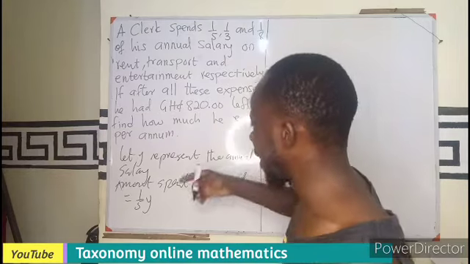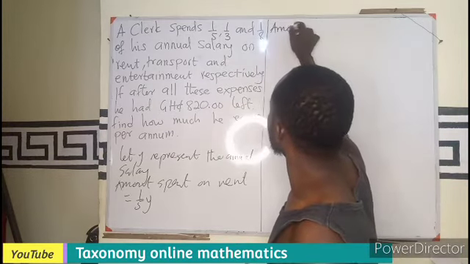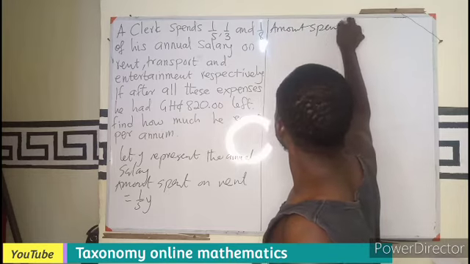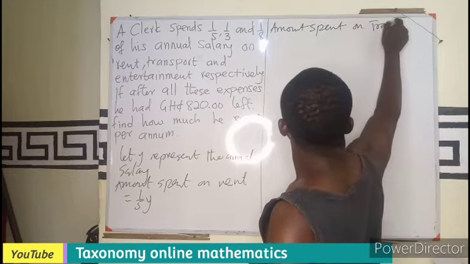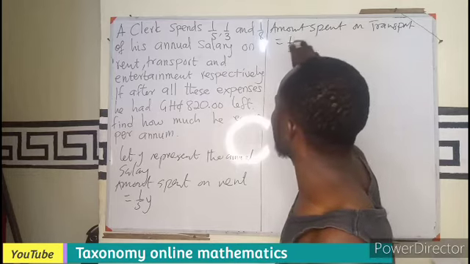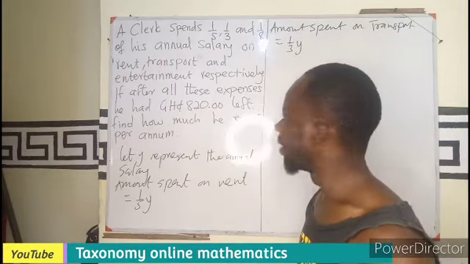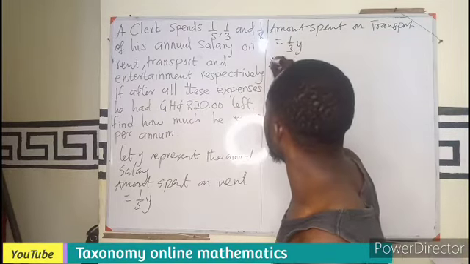Then, if you want to find the amount spent on transport, that is also going to be 1/3 of the amount that is received per month.